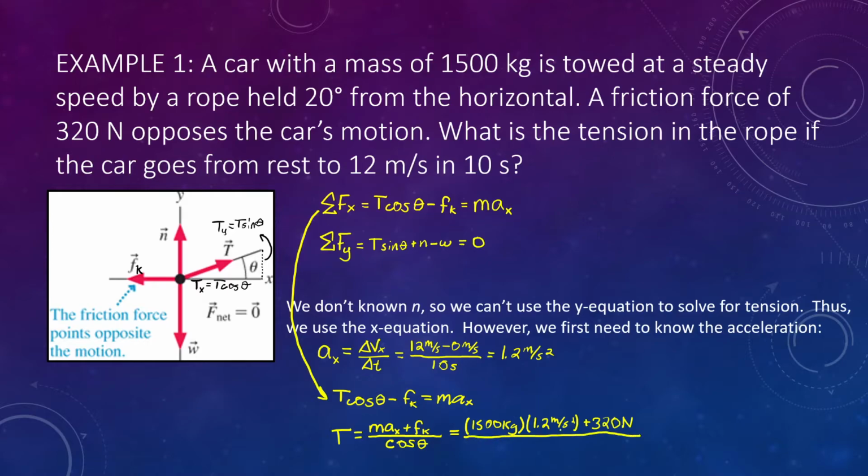All of that gets divided by cosine of the angle, which was 20 degrees. Hopefully, we've set everything up right to this point. We can now plug these numbers in. Hopefully, we do it right in the calculator as well. And this should give us a value of roughly 2,300 newtons of tension in the rope.